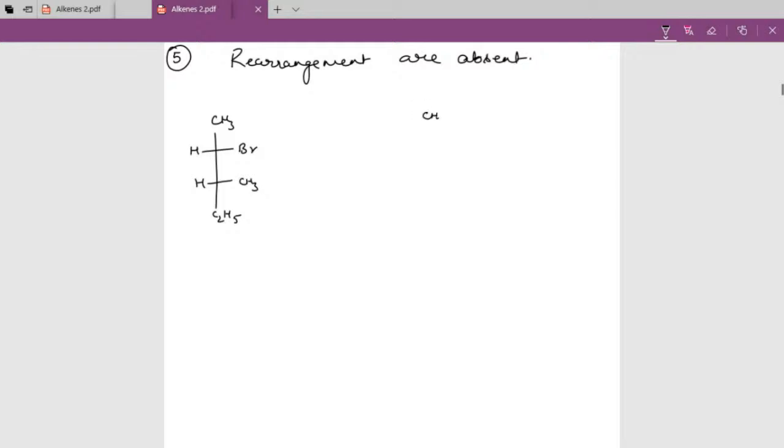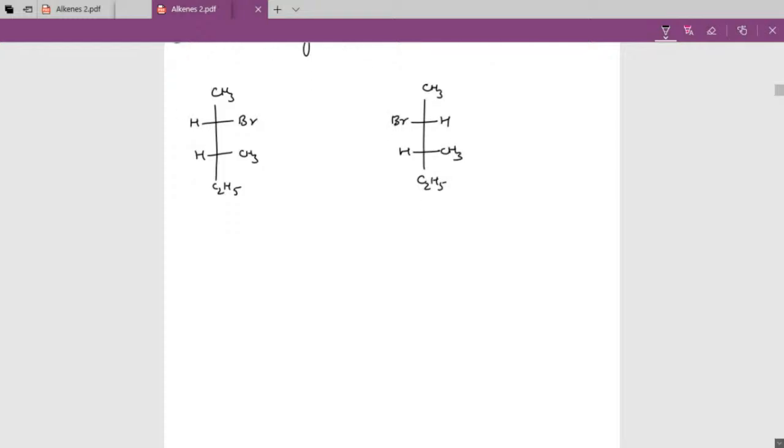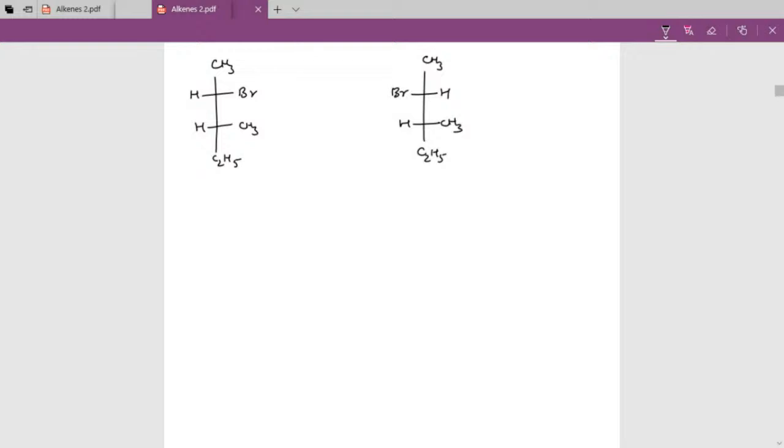Then I have another diastereomer of this molecule, C2H5, correct? Bromine, H, H, CH3. Now, if E2 reaction happens, what would be the products formed? Okay, what would be the products formed?